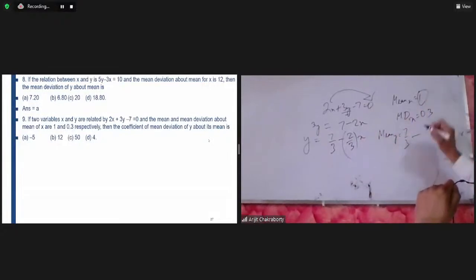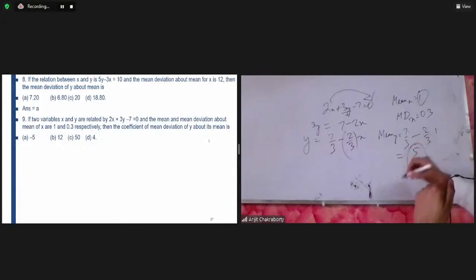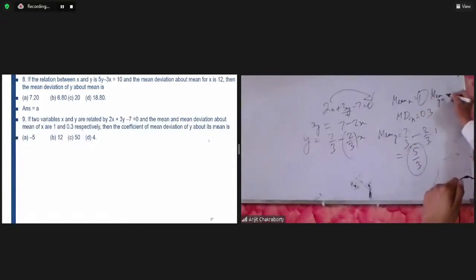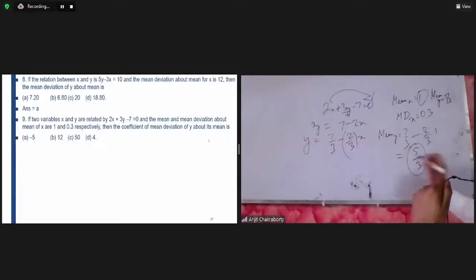Mean of x is 1. So it is 2 by 3 into 1. So mean of y is 7 by 3 minus 2 by 3, that is 5 by 3. So we can write mean of y is 5 by 3. This is the first data.